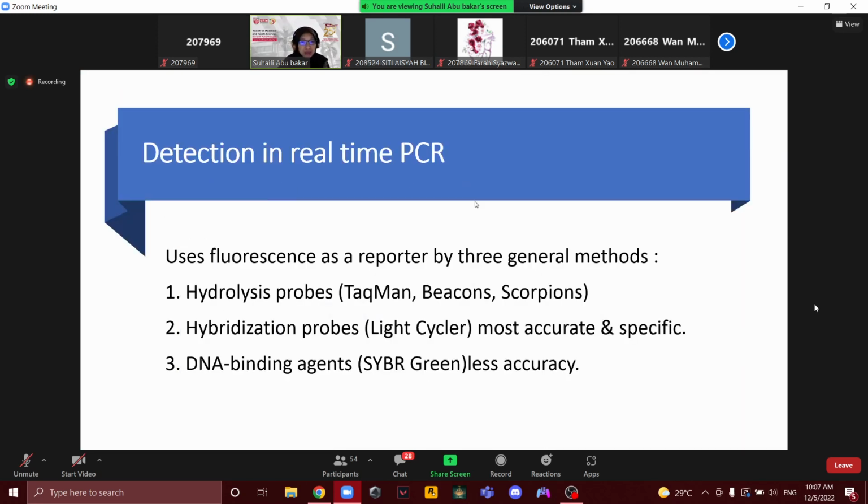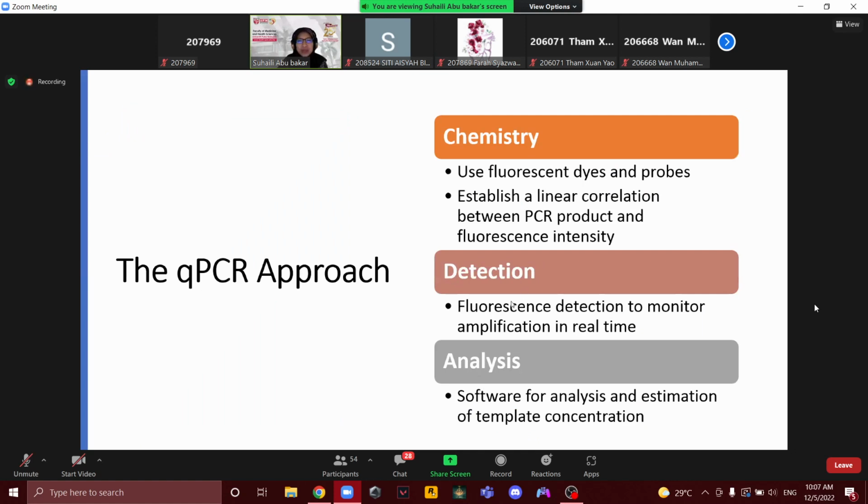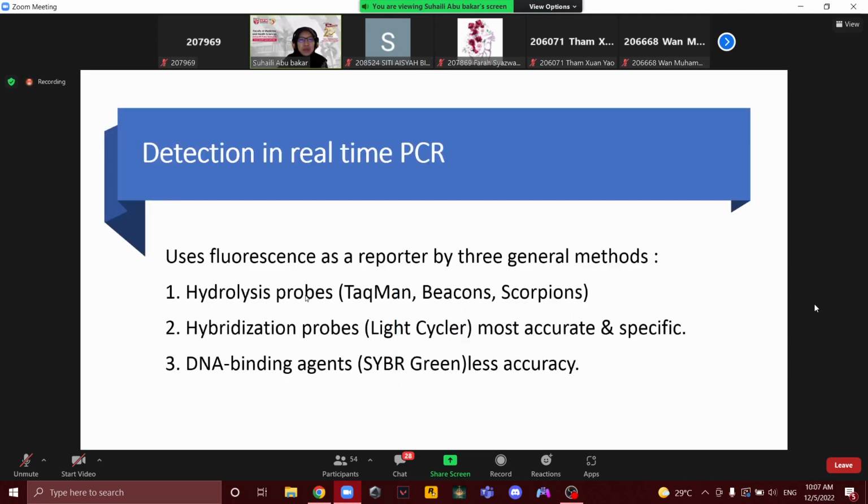And then detection in real-time PCR. Under detection, it is divided into three types of probes. They use fluorescent as a reporter by three general methods. Hydrolysis probe, this is the name.